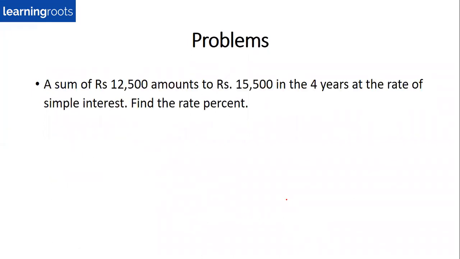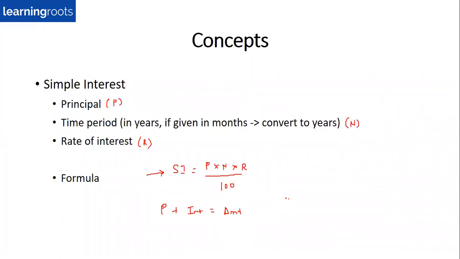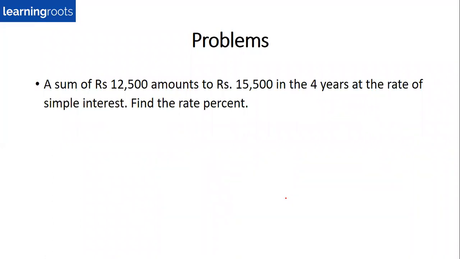So let's take a simple example and see if you guys can solve it. In case you haven't written down the formula, simple interest is P into N into R upon 100, where P is principal, N is time period, and R is rate of interest. Multiply that, divide it by 100 to get simple interest. You add it to the principal to get the amount at the end of 10 years. Try this one.